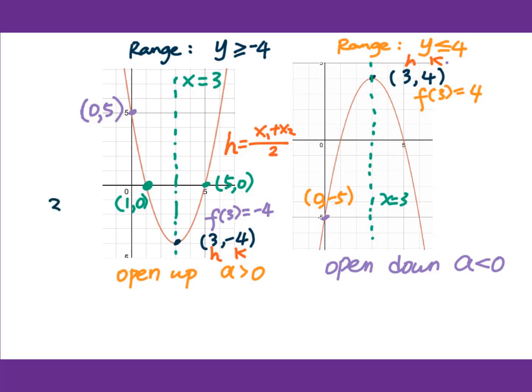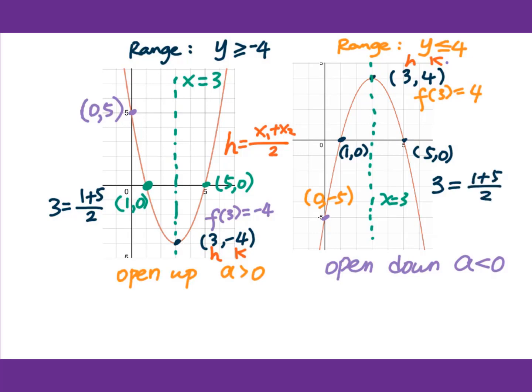So you have this 3 equals (1 plus 5) over 2. Same thing. This is (1, 0), (5, 0). Then this h, that's 3 equals (1 plus 5) over 2.